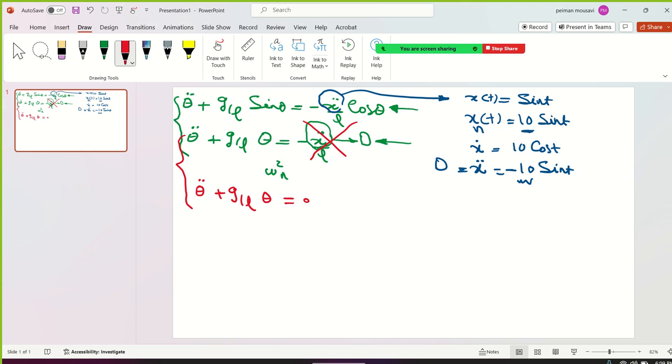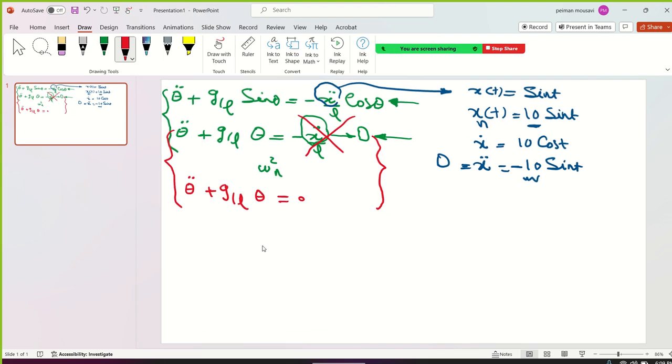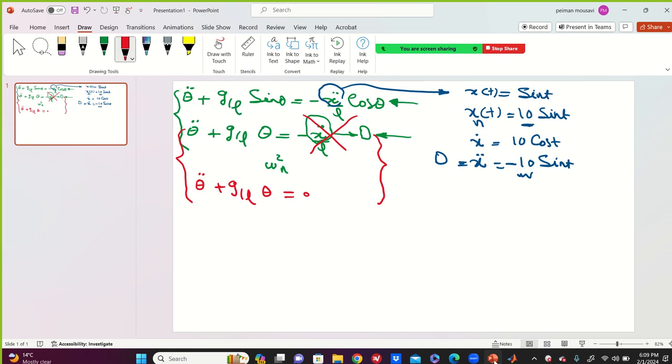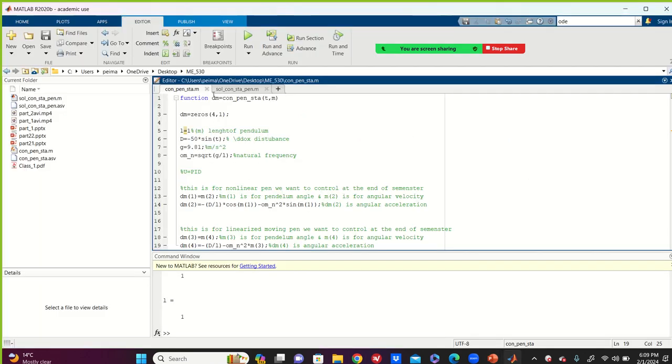Remember that we derived the homogeneous solution? So I want to see what's the effect of disturbance versus the undisturbed pendulum. Okay? So what I'm going to do is simple. Now you know the rule.